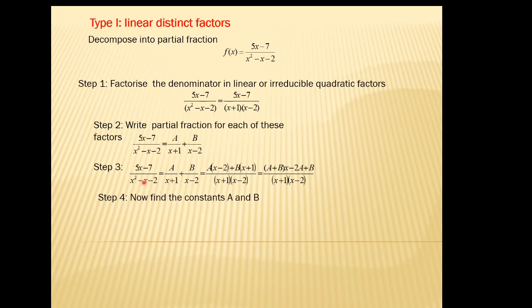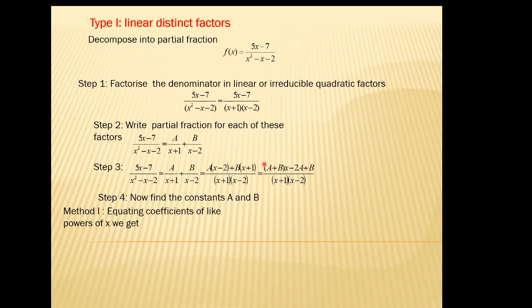So we will cross multiply by the numerator, so we get such type of terms. Then we'll collect the coefficients of the same power, so the coefficients of x and the constant term over here. Now to find out the constants a and b, we have two methods possible, that is, equating coefficients of like powers of x.